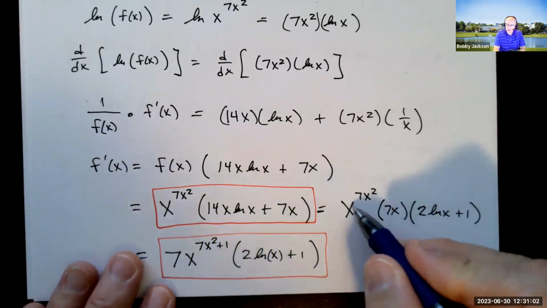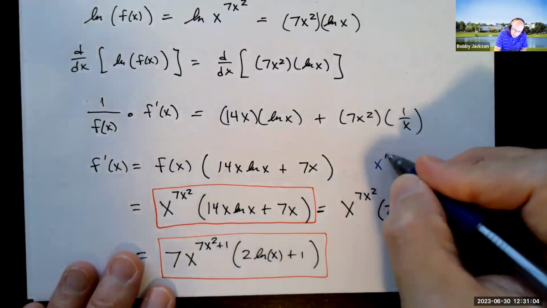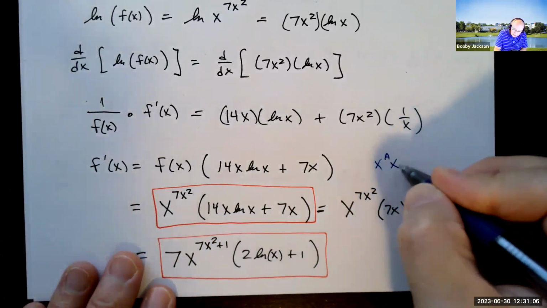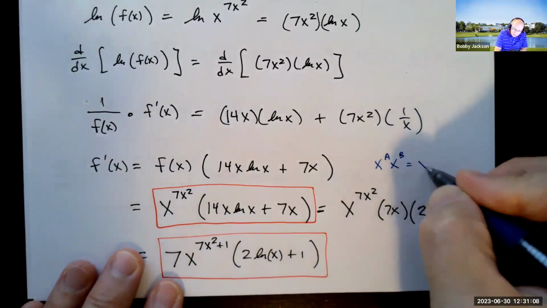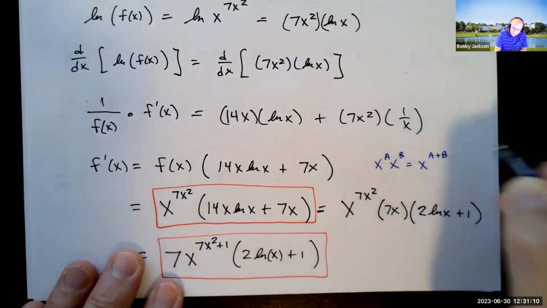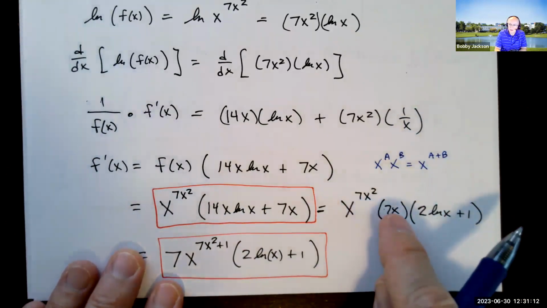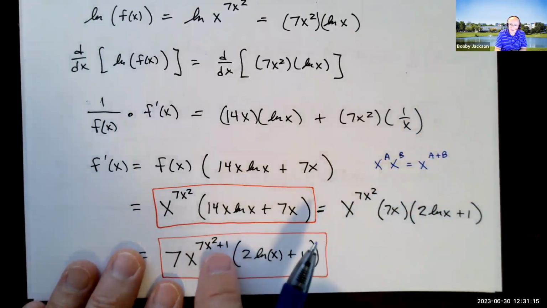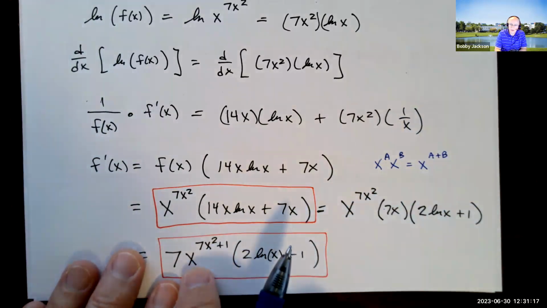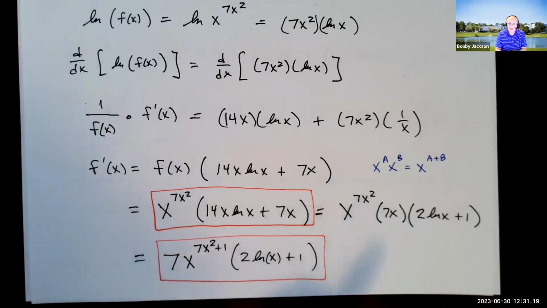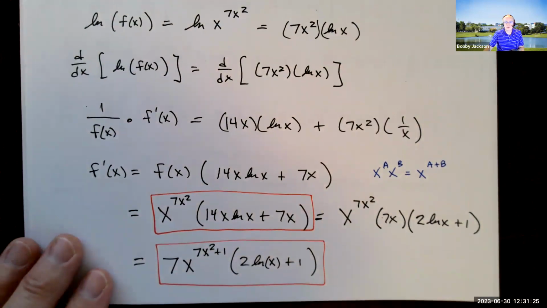And what do we do here when I have x to some power a times x to some power b? What do we do with those exponents? We add them, right? And so 7x squared, x to the first power plus 1. 7x squared plus 1 is the power on x. So this is a more compact and nicer way, I think, to write that out. But there it is. The derivative isn't very pretty looking, but that's how we do logarithmic differentiation on this one.